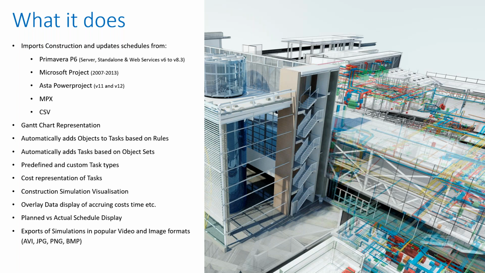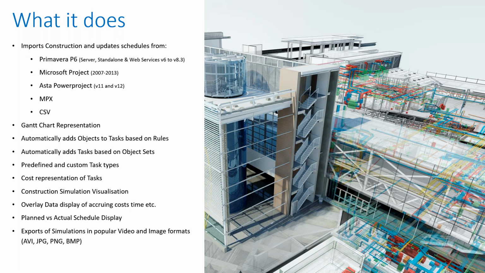It allows us to define task types, although Navisworks comes with its own three pre-loaded task types. It allows us to put in cost representation for each of the tasks, construction or demolition, etc. It then allows us to create a visualization of the simulation of how things are being constructed step by step.